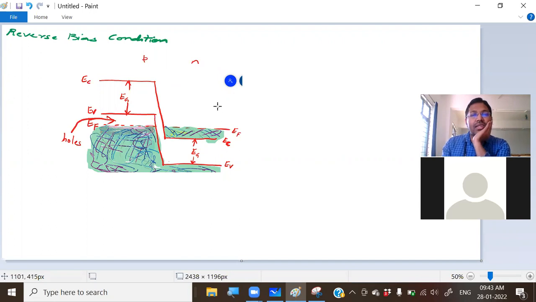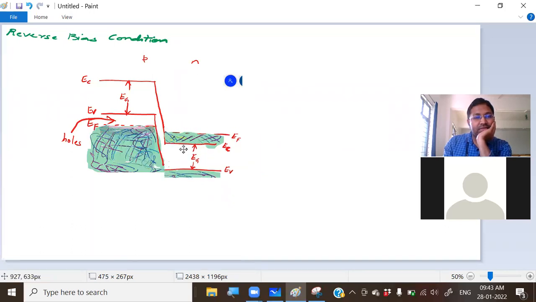So what actually happens under reverse bias condition is very easy to represent here. All these energy levels will shift downward. You keep on giving reverse bias, the energy level keeps on shifting downward.